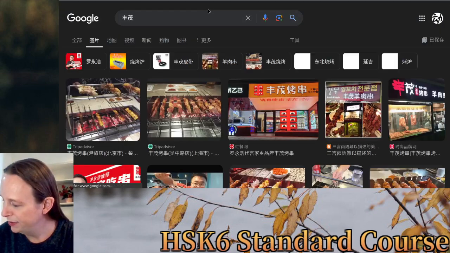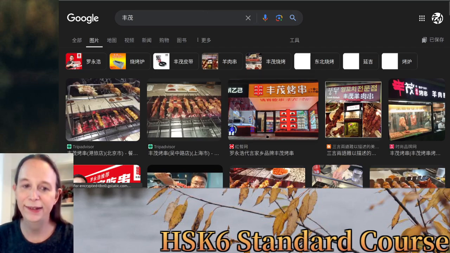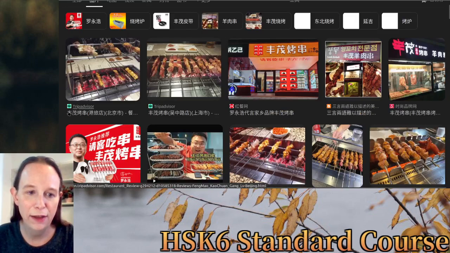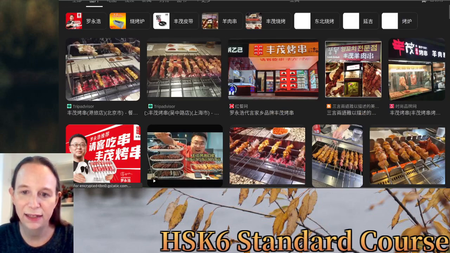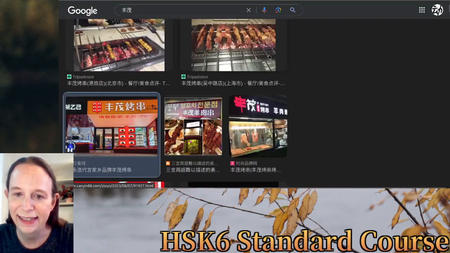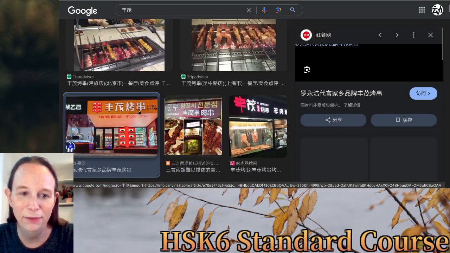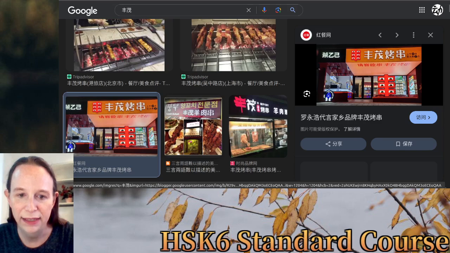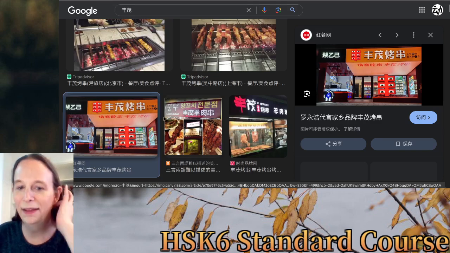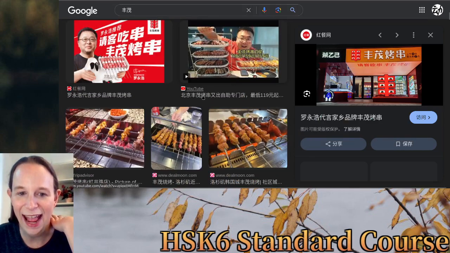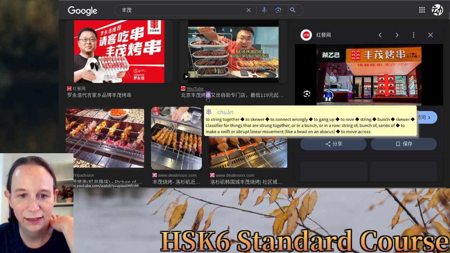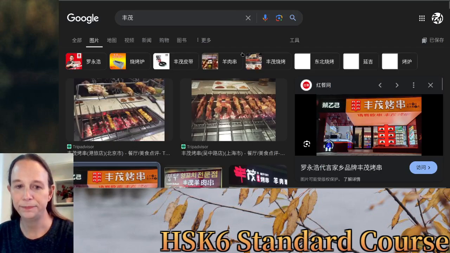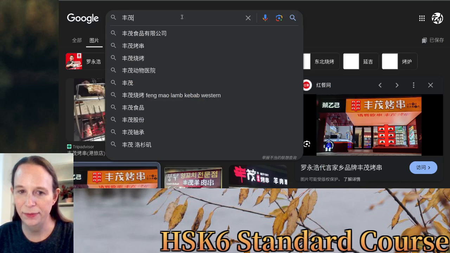How many examples are there? 1, 2, 3, 4, 5, 6 examples in Pleco. Not very common, is it? 丰茂烤串. It's just the name of the shop. 丰茂羊肉串. So this is like plump skewers of lamb or whatever. Yeah, it's not even in the dictionary. So maybe we don't need to know this word.